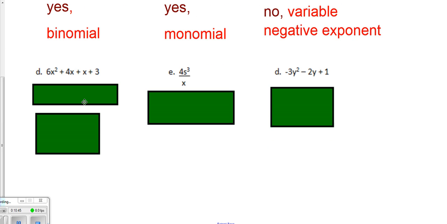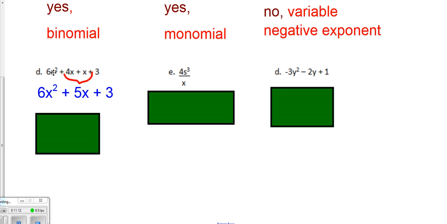Looking down at D, we have 6x squared plus 4x plus x plus 3. First off, on ones like this, we need to combine our like terms before we can do anything else. We have 4x and x. Those we can combine together and make 5x. So this would be 6x squared plus 5x plus 3.